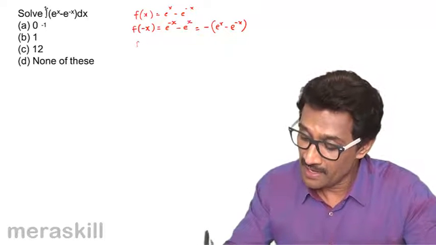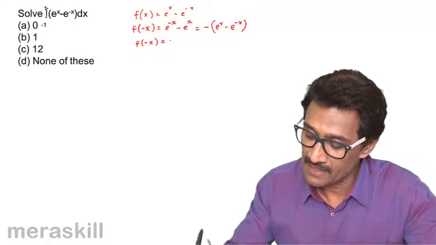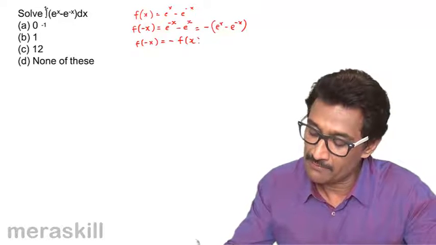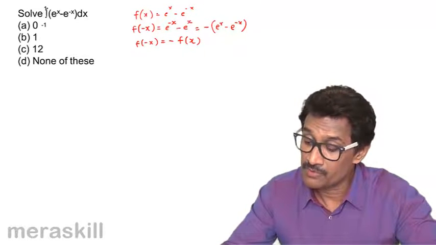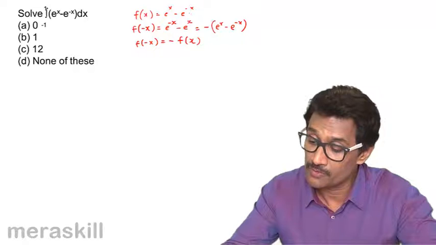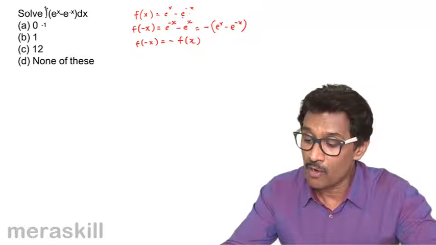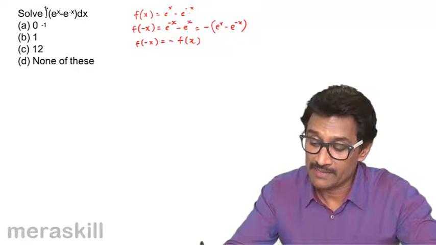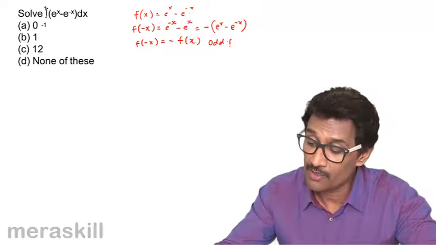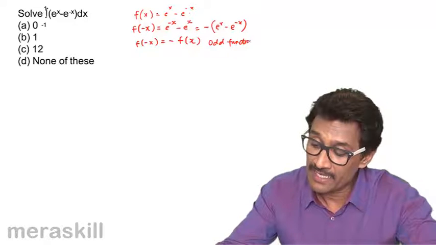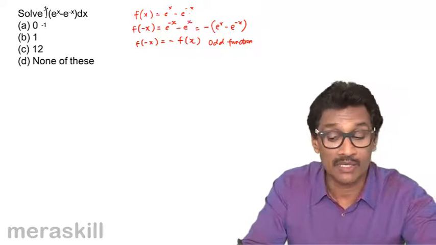That means f of minus x is the same as minus f of x. If you look at it, you're taking minus common, so you get e raised to x. Now these two functions are opposites of each other, that is, f of minus x is the opposite of f of x. So what type of function is that? Odd function. And the range is from a to minus a.